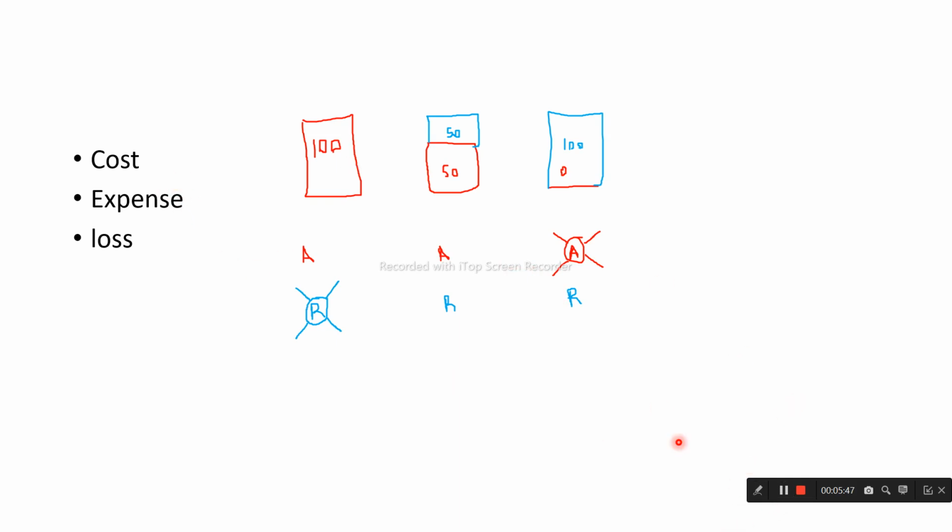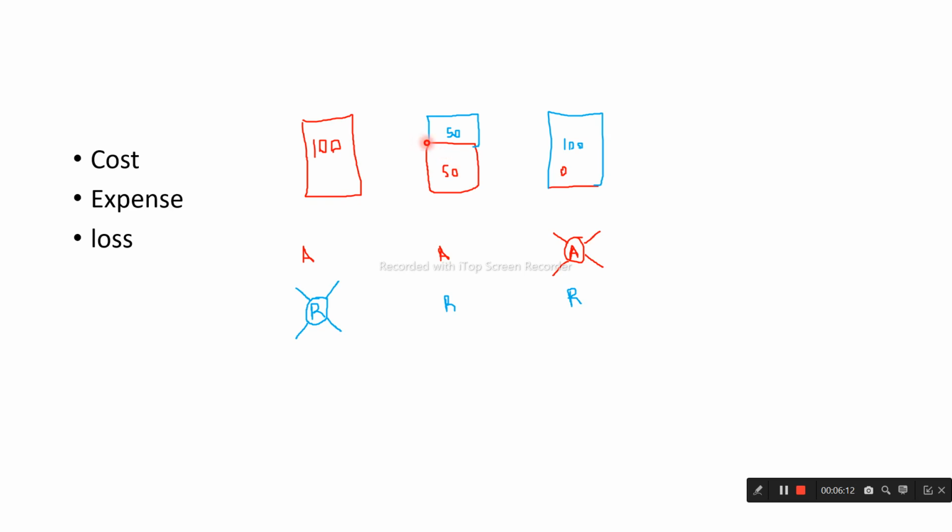How about loss? This time we cannot say that we have revenue or an asset. Think of it: when you buy this battery and after using it for 1 year, let me say we have already benefited, or 50% of it, half of it, is used in the past year.